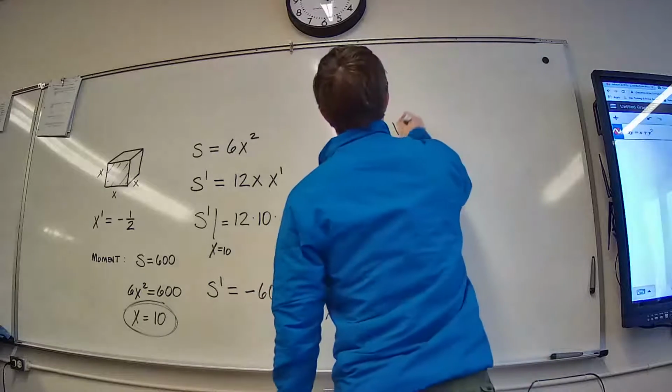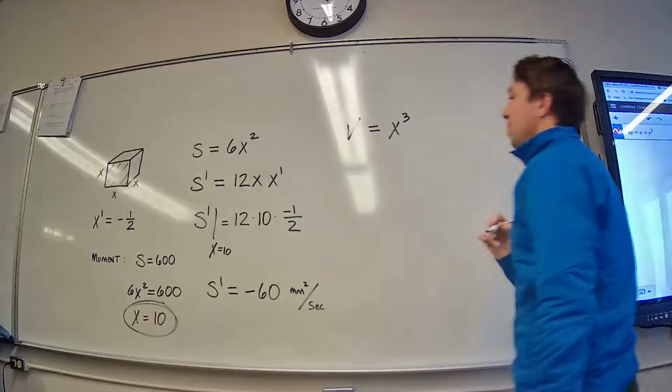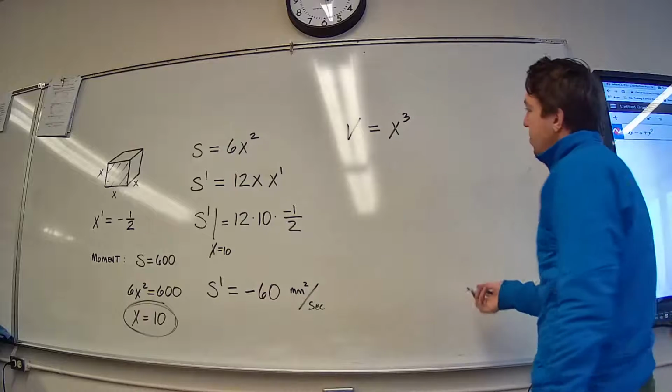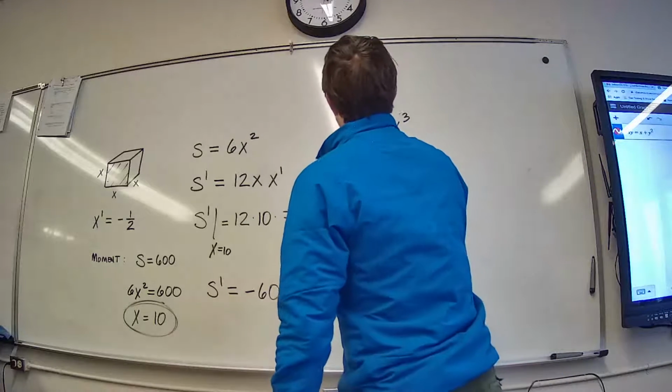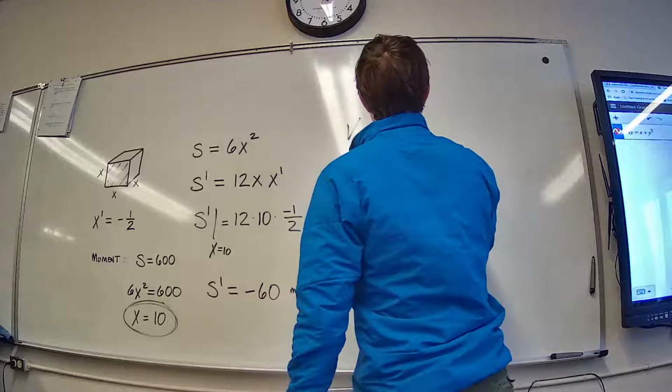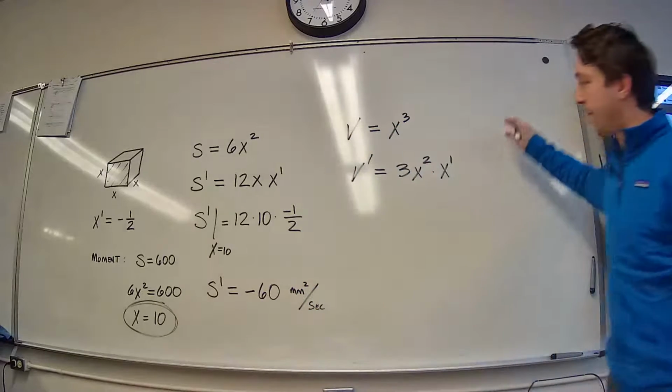The volume is x cubed, x times x times x. So V prime is 3x squared times x prime.